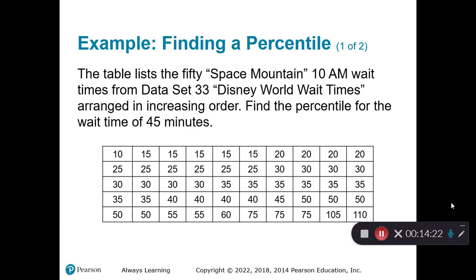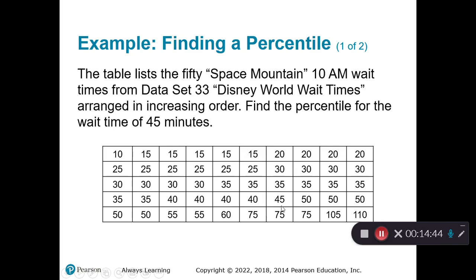Thankfully, this data set is already sorted for us from least to greatest. If we travel through these rows to the right and then wrap around to the next row, they're already sorted from least to greatest. So we're looking at this number 45 and trying to find out what the percentile value is corresponding to this number.